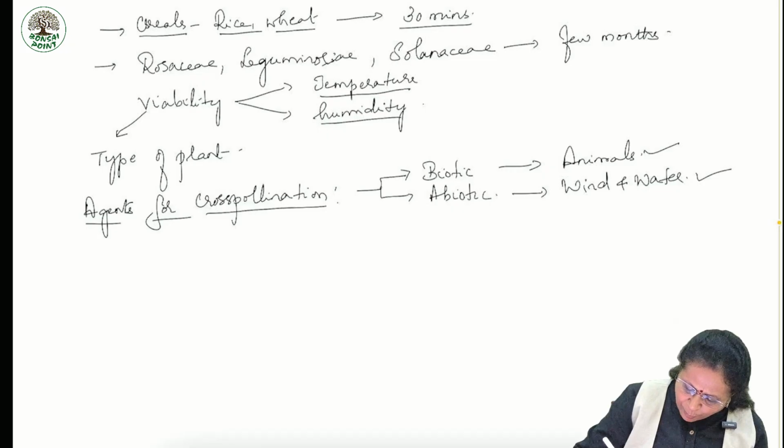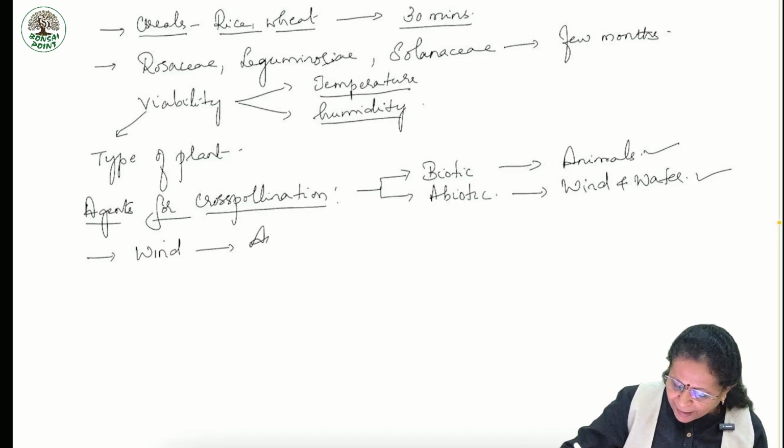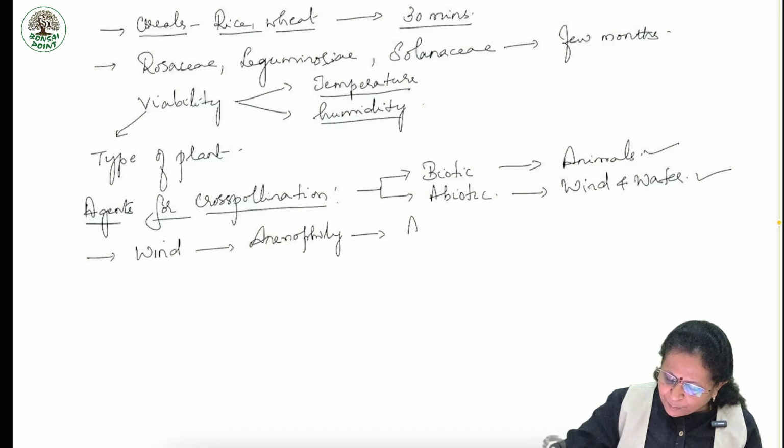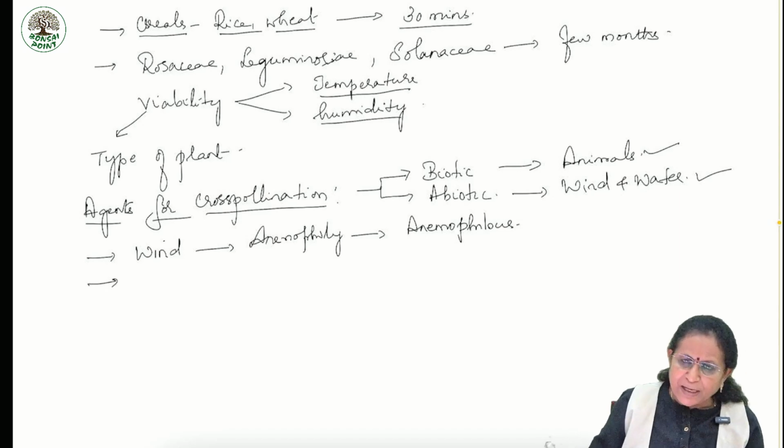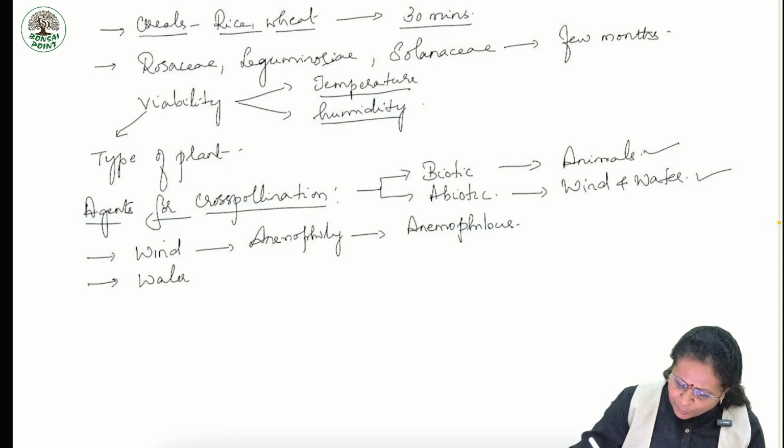What is cross-pollination by wind called? Cross-pollination by wind is called anemophily. Such flowers which are cross-pollinated by wind are called anemophilous. These are all 1 mark questions. Please concentrate. Very simple. Next, cross-pollination by water is called hydrophily.